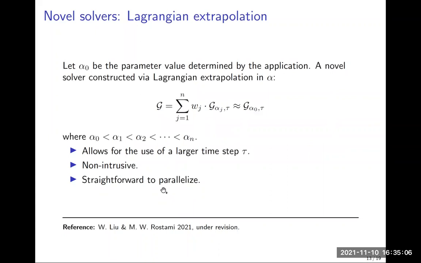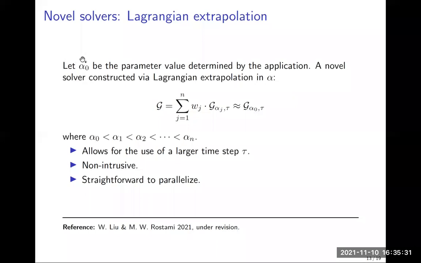All right. So like I mentioned earlier, we're not pulling these new solvers out of thin air. We are using existing solvers as building blocks. More specifically, we're considering a family of existing solvers, and we try to combine them in some intelligent way, right? So I'm going to let alpha 0 denote the parameter value determined by the application.